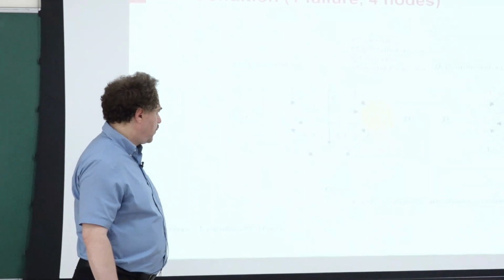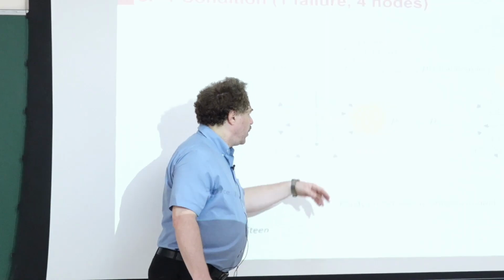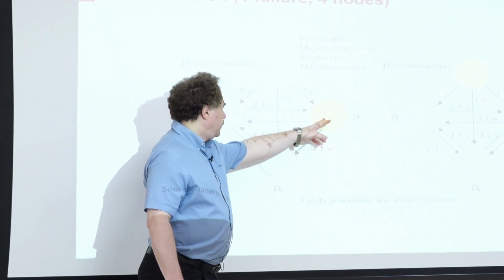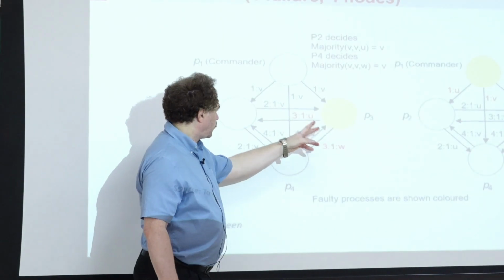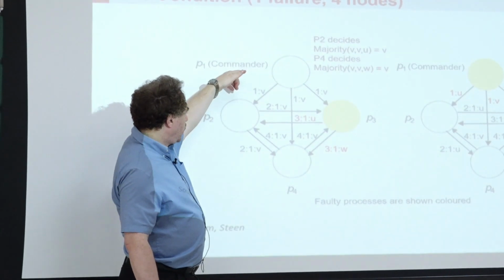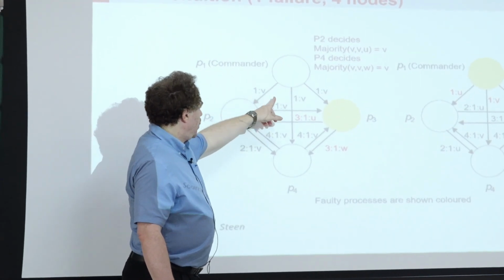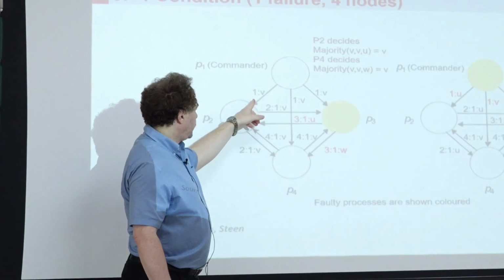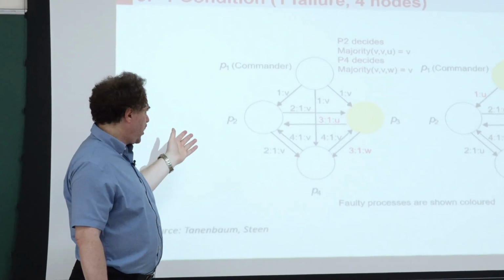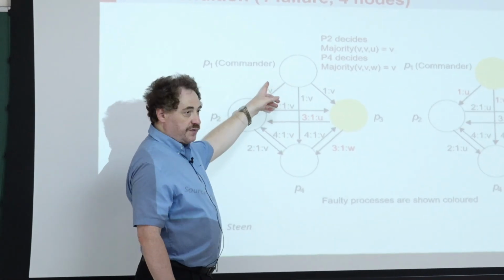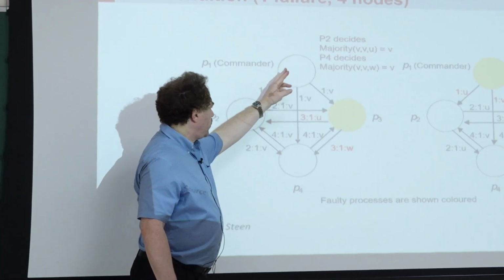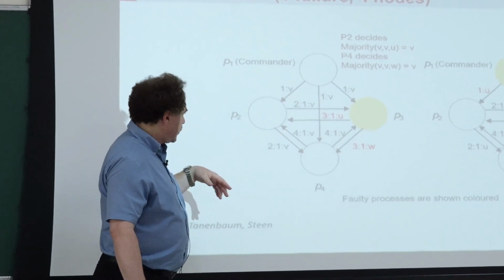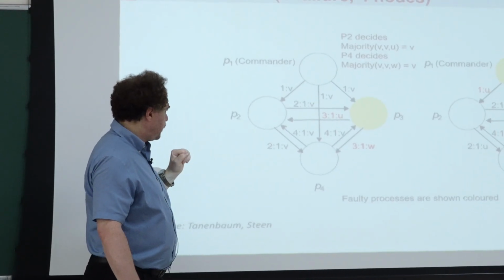Now, this lieutenant is Byzantine. About the notation: 1 means that this is the first round of communication. V means this is the value sent. So in this case, the commander is honest, and sent 1V to everyone.